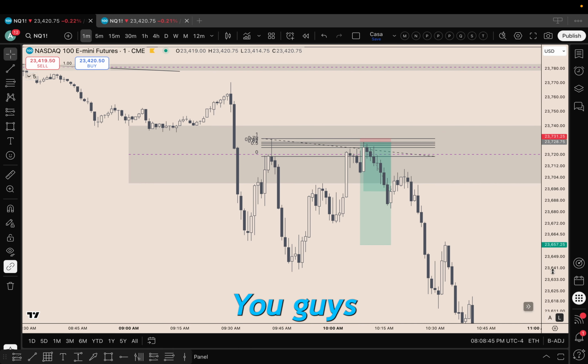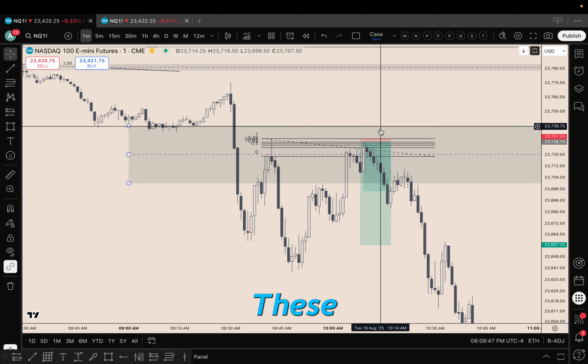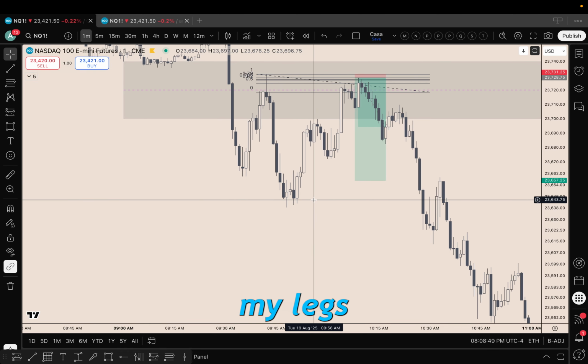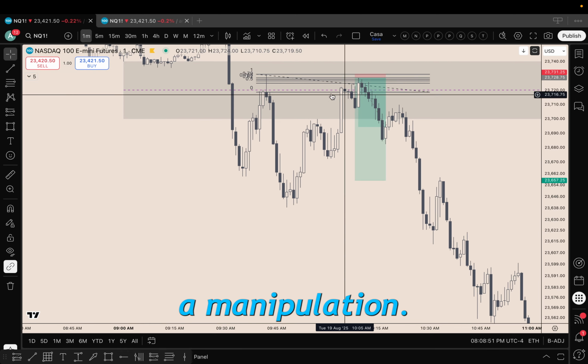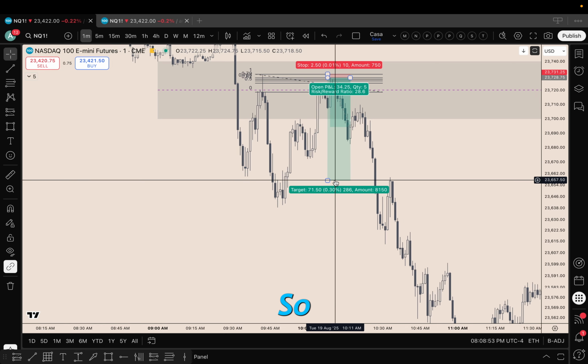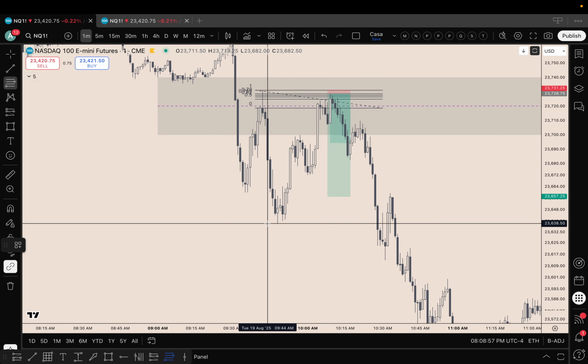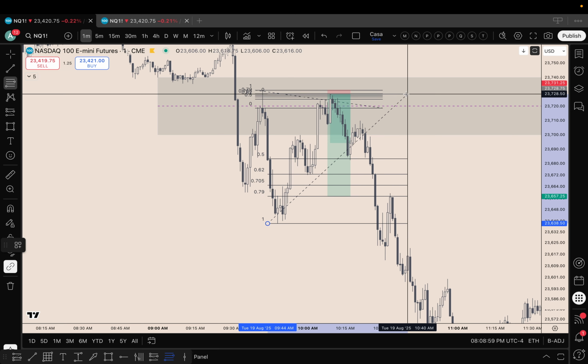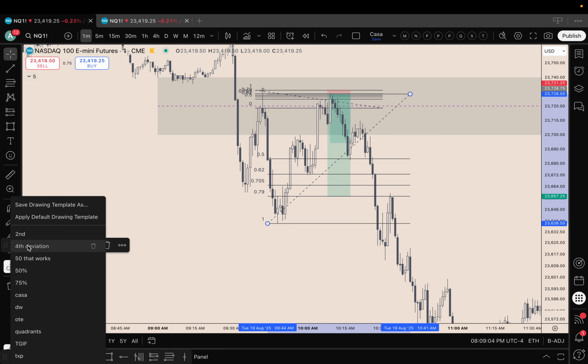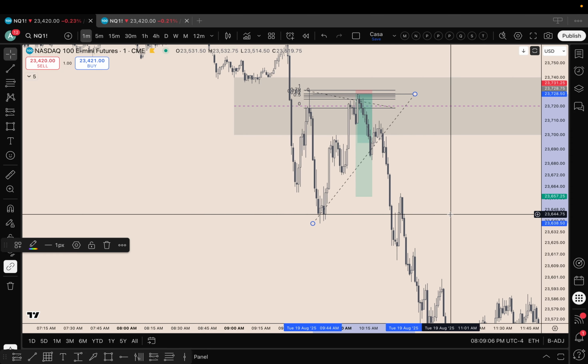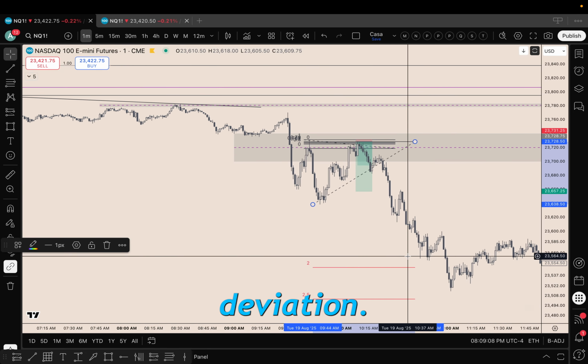And that's the whole thing. You guys want to see the retracement like this. These legs all right here are retracement legs. Every single retracement leg is the manipulation leg in the sell program. So knowing that information, standard deviation.